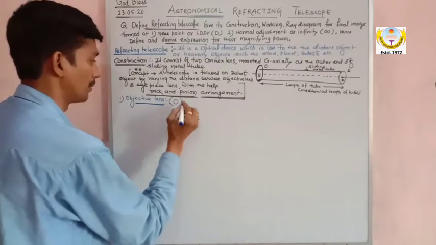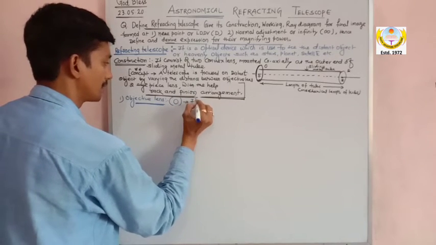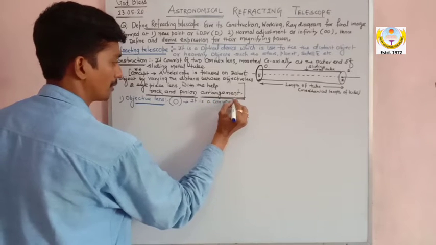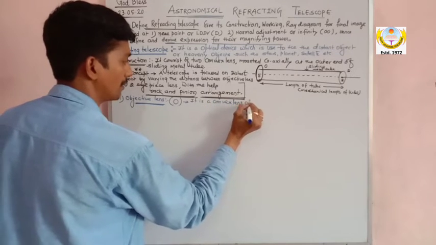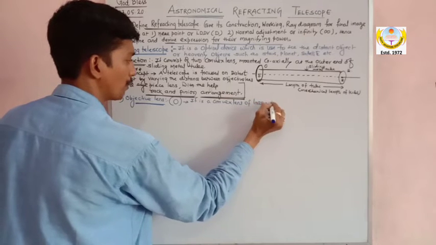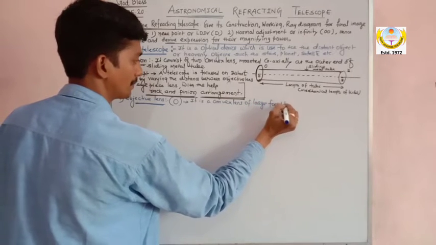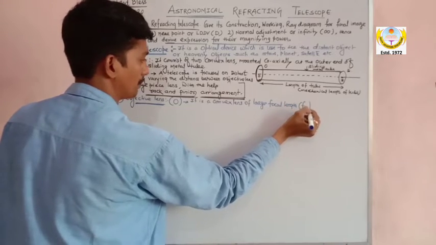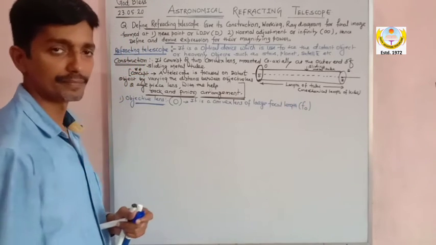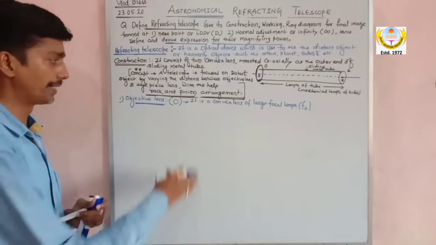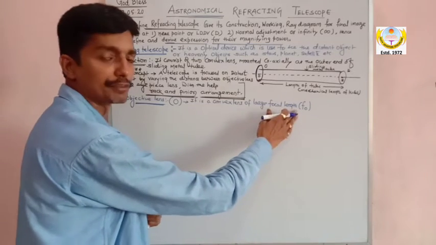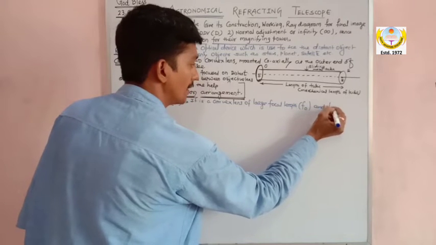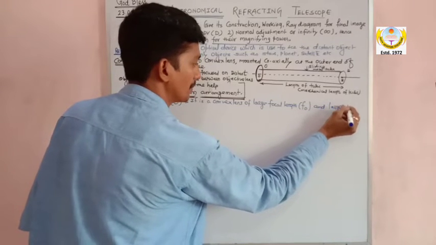It is a convex lens of large focal length. I will write the focal length of the objective as FO. So it is a convex lens of large focal length, that is FO, and large aperture.